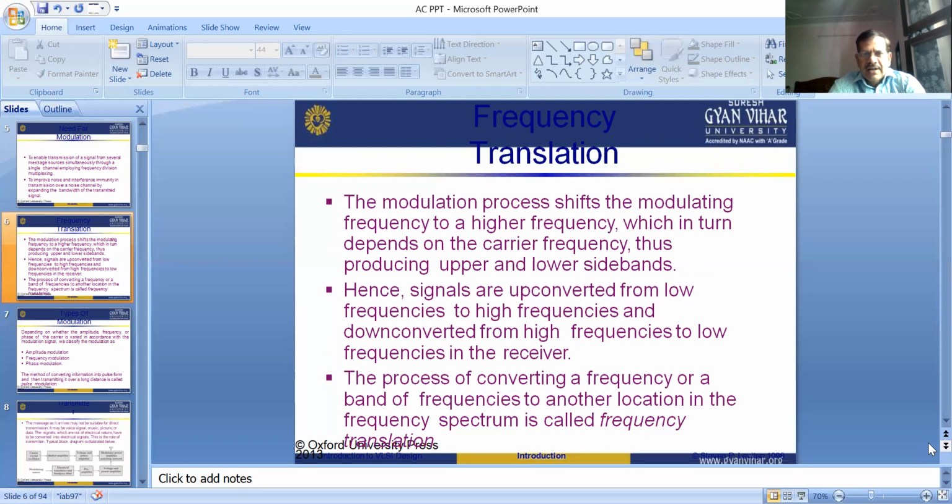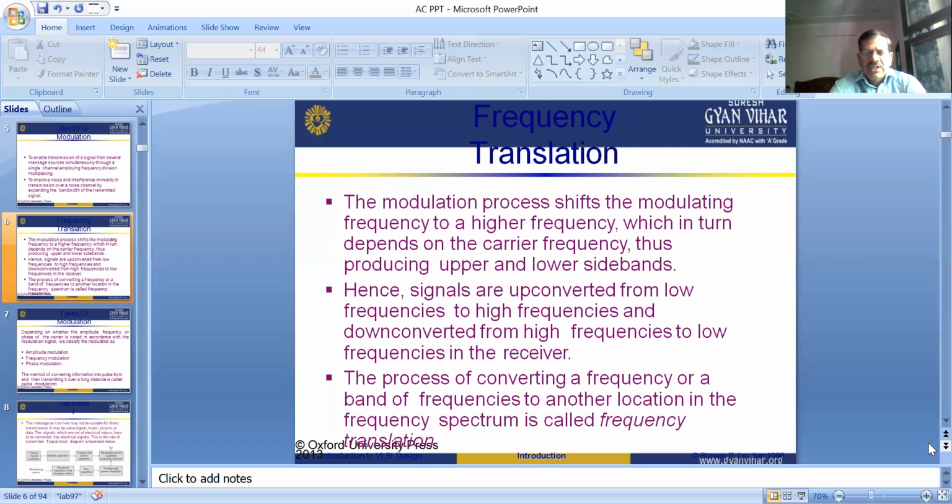Hence, signals are up converted from low frequency to high frequency. In the modulation process, the signals are converted from low frequency to high frequency, and down converted from high frequency to low frequency in the receiver. This is the conversion process.